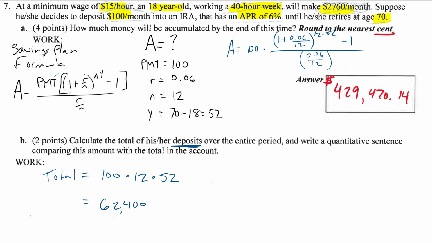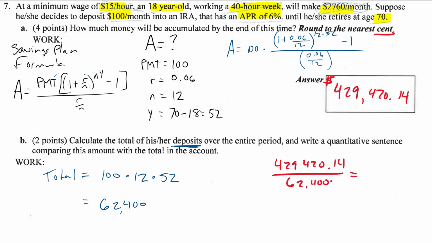Yes, and then write a quantitative sentence relating it. Well, I don't know. We could do something like, you earned this much over the time, and compared to the 62,400. There we go.